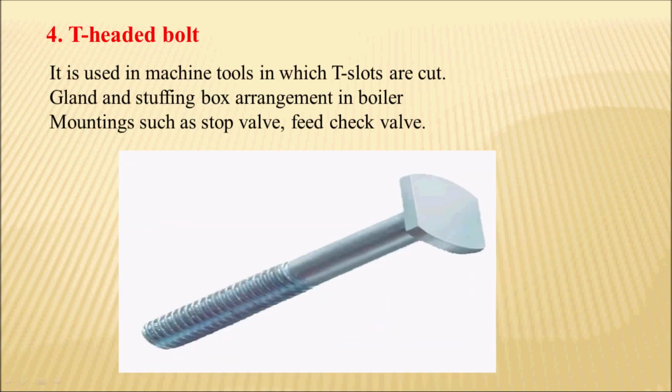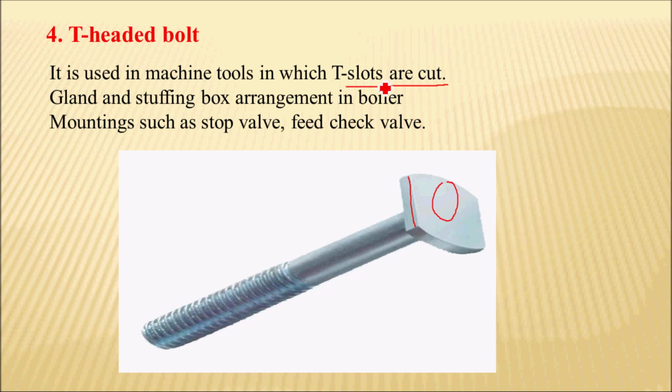Next one is the T-headed bolt. The head of the bolt is T in shape. It is used in machine tools in which T slots are cut, and this bolt is accommodated in those T slots.